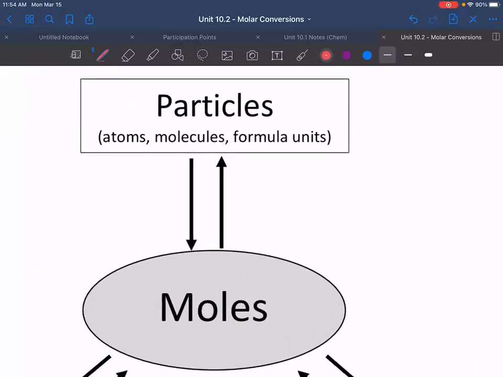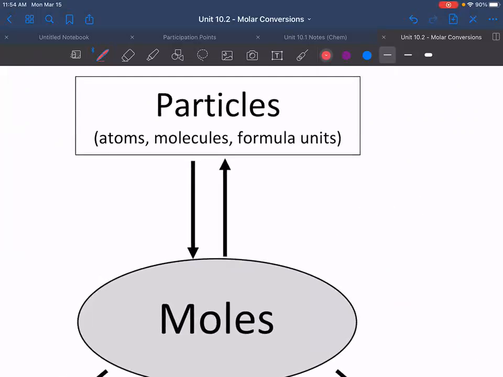So we're going to break it down first at the relationship between particles and moles. That means if you see any of these, it's the same thing as a particle. What number do we use between moles and particles? 6.02 times 10 to the 23rd. Now it depends what direction we're going.